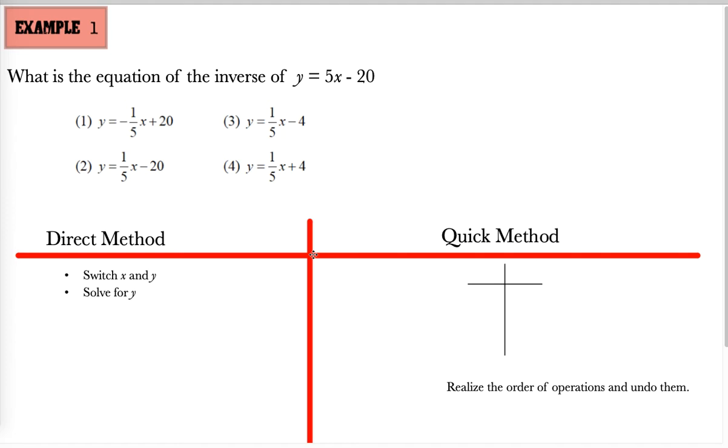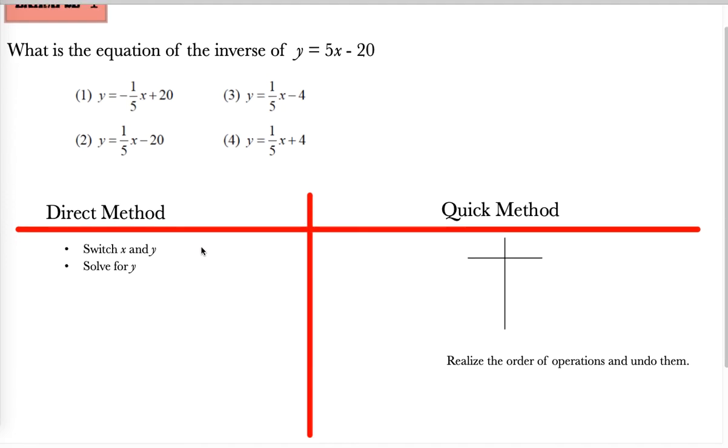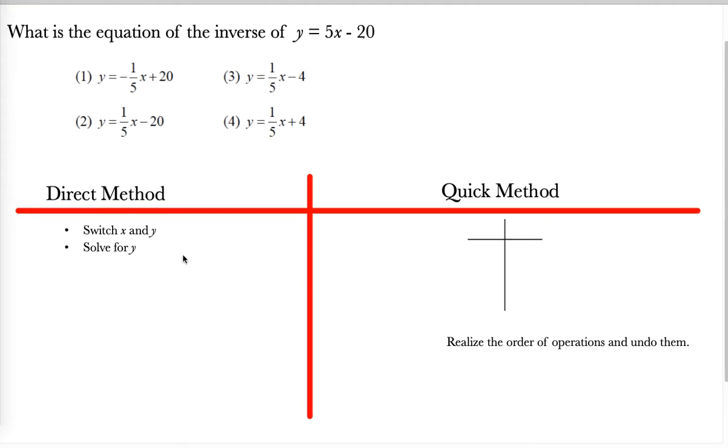Okay, we're pretty adept at finding the inverse of a linear function, but still, let's run through it real quick. The direct method means to switch x and y and solve for y. All right, so I'm going to take my equation up here. Let's switch our x and y. Now let's solve for y.